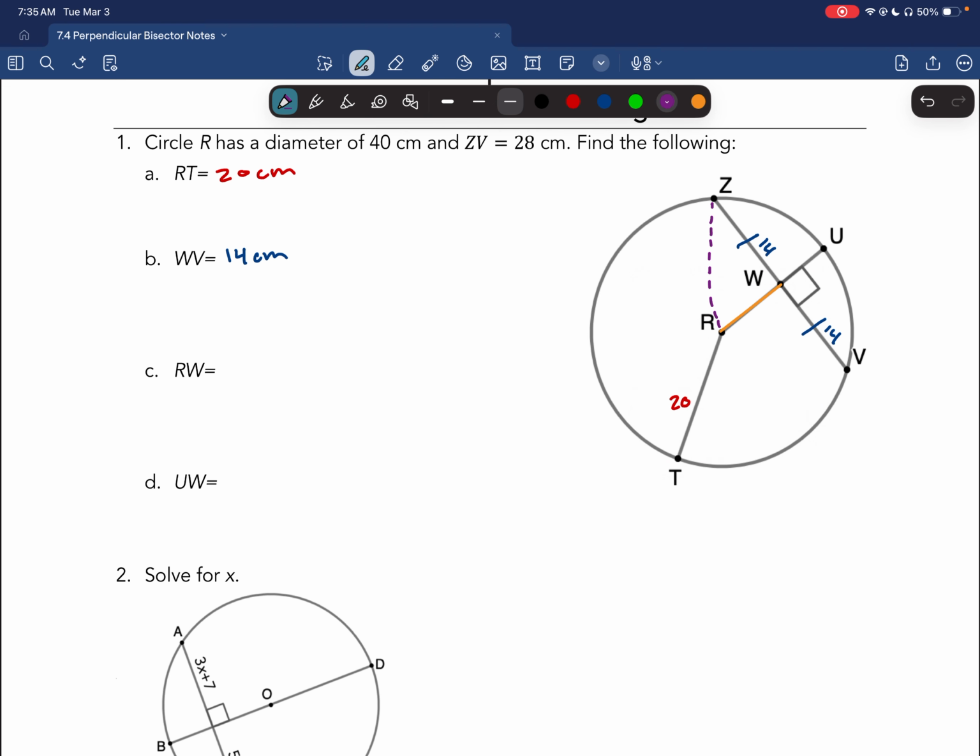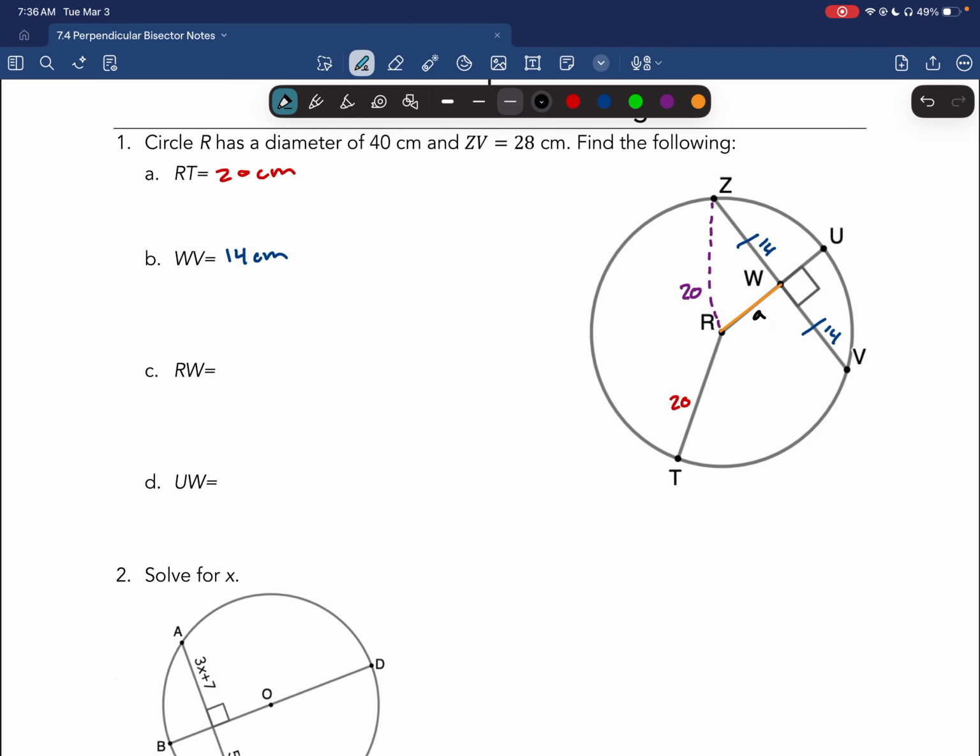Because if I draw this radius, I know that this is 20 centimeters, okay? I also know that this is 14 centimeters. I know this is a right angle because all four of these are right angles. And so I have a right triangle that's missing one side, and I know how to solve those. We've been doing this for a long time. It's the Pythagorean theorem.